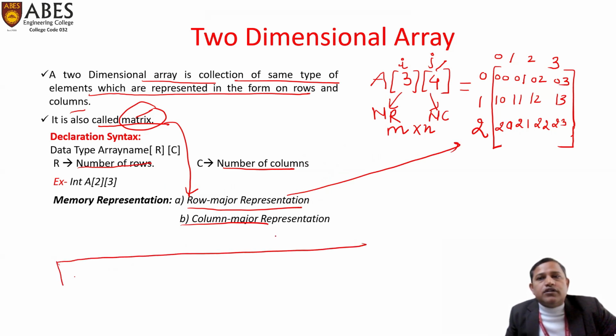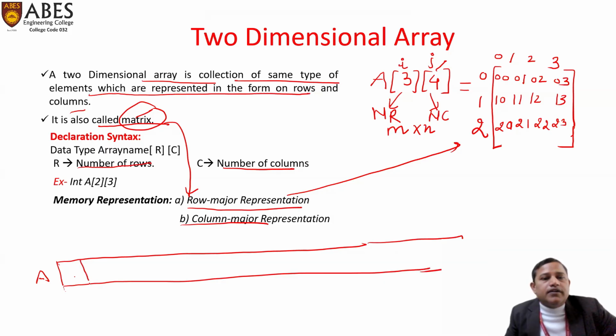If this is the array name A, and you assume the base address is 100 and the size of one cell is 1 byte, then the next element is located at 101, another at 102, and another at 103.